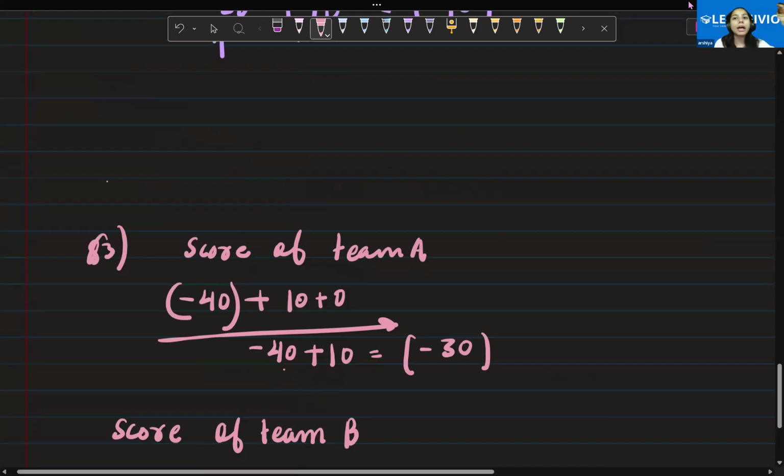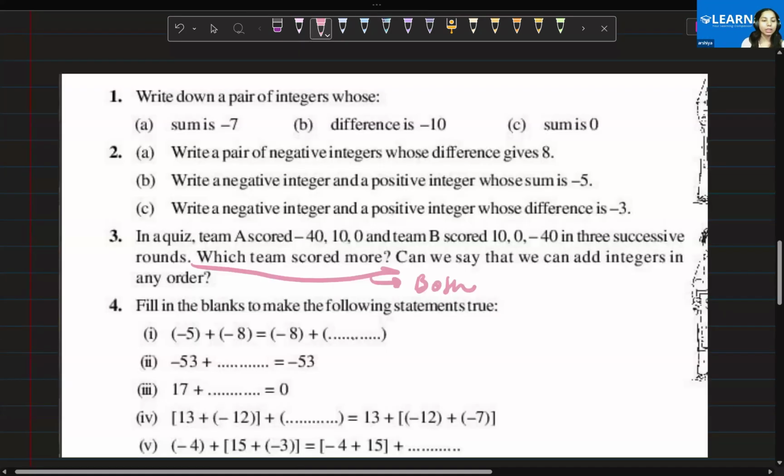We have a few properties, but no property will be needed here. Can you guys fill in the blanks?